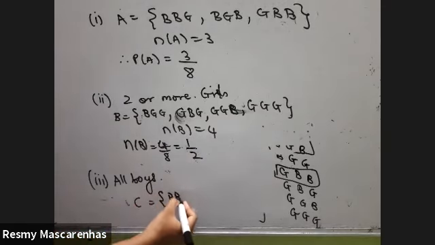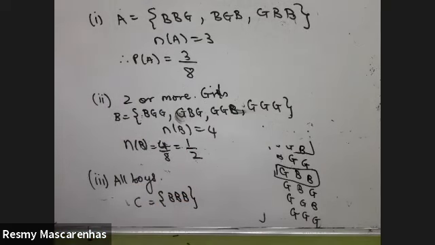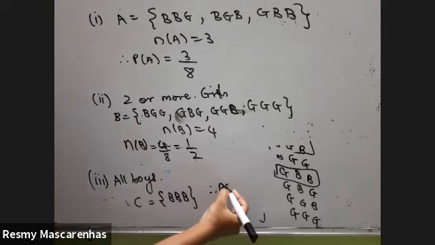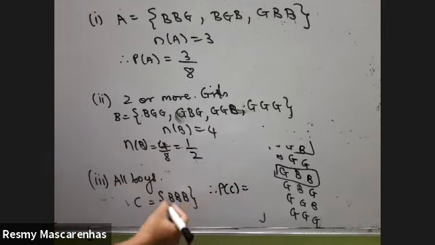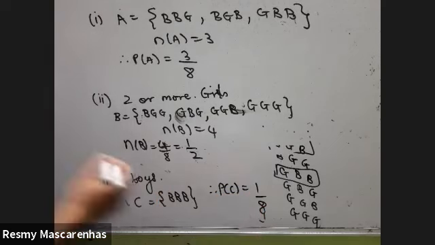All boys is BB. Rest all are having girls in that, at least 1 or 2. No child is a girl means all boys. If no child is a boy was given, then this would have been all girls. So probability will be just one element, no? 1 out of 8.